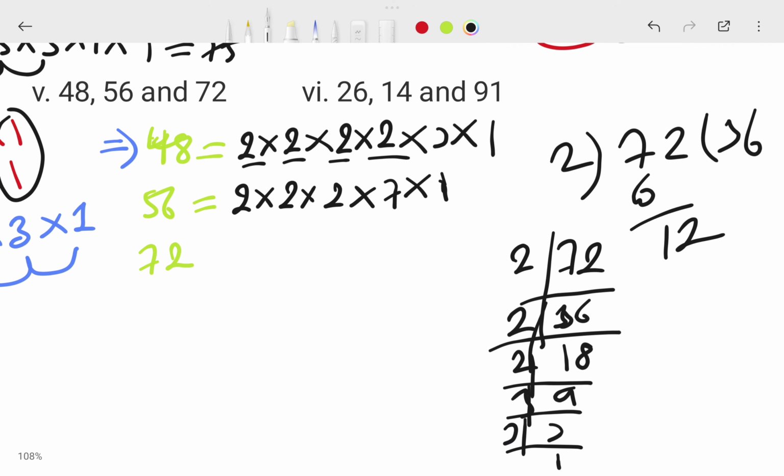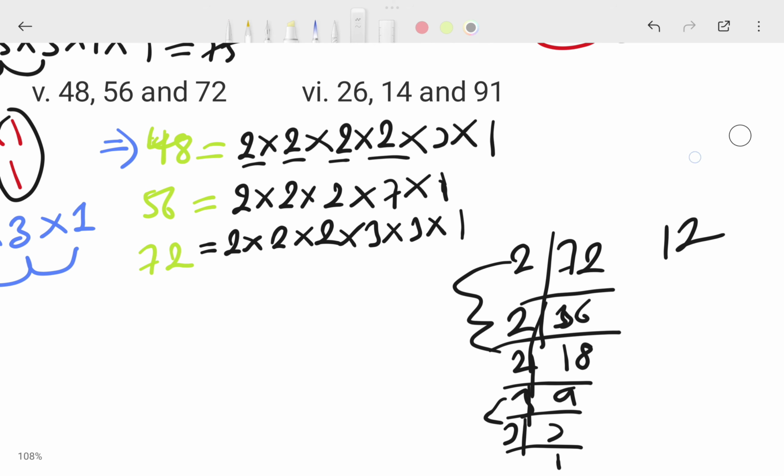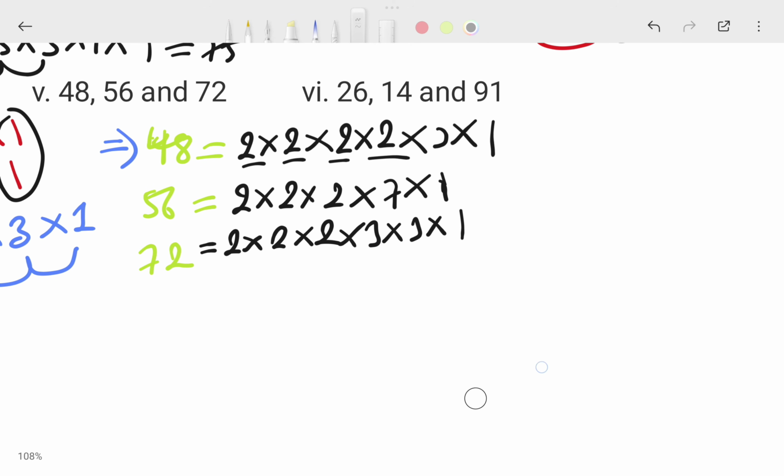So here 2 is 3 times. Then 3 is 2 times, then after that 1. Is it clear? Right now we have to find the common in all of these.